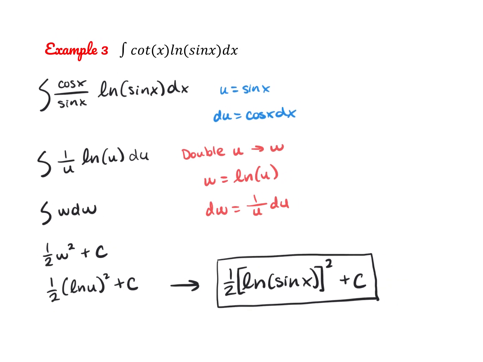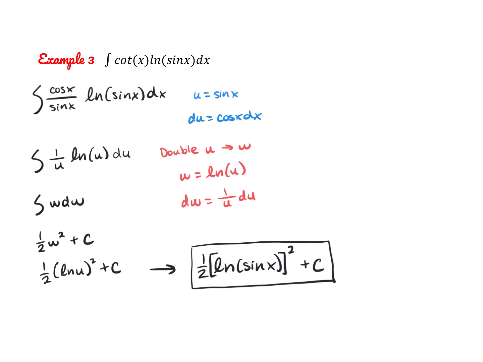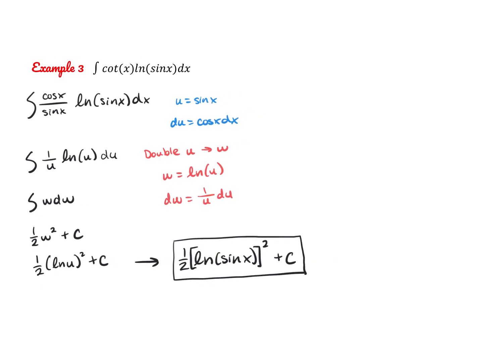Now, this problem is actually even more interesting because we can try a different U sub and get the same answer. Again, this might not be as intuitive, but let me rewrite the problem again over here. I'm still going to write it as cosine over sine.